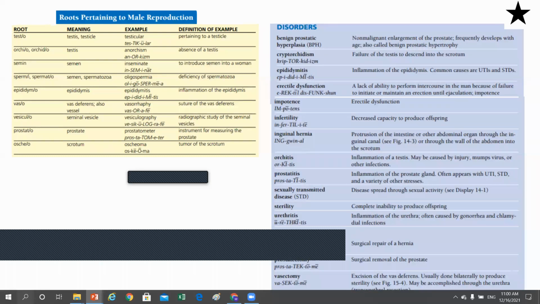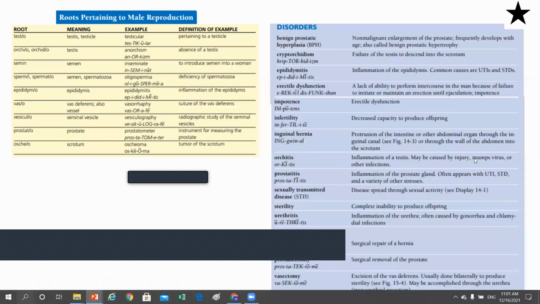So we have protrusion of a normal structure of the abdominal cavity, and this can be umbilical herniation, inguinal herniation, or femoral herniation. Then we have the term orchitis. We have seen the term previously, orchio, concerned with testes. So inflammation of the testes. It can be caused by injury.